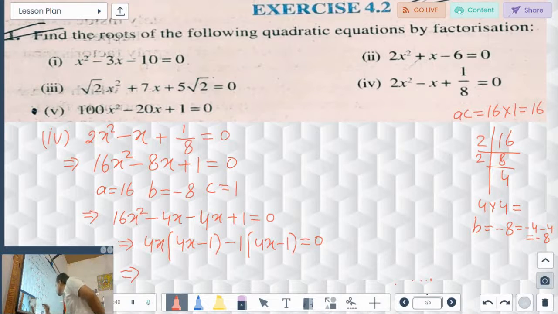Now 4x minus 1 and 4x minus 1 equal to 0.